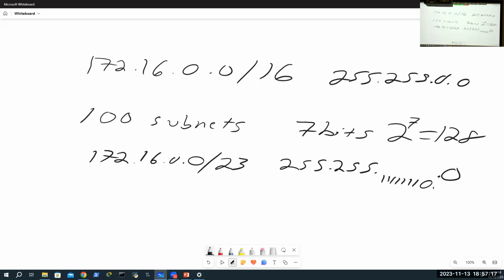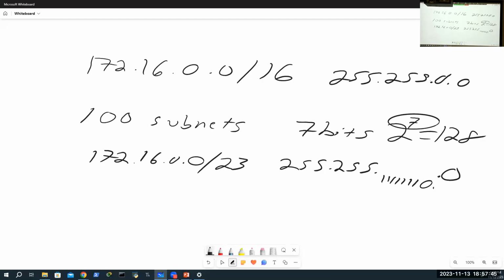So all we have to do is take that 7 bits that we've reallocated, put them down into the new subnet mask, put them down in binary if you need to, is what I did. And then put those numbers into our binary to decimal conversion table.